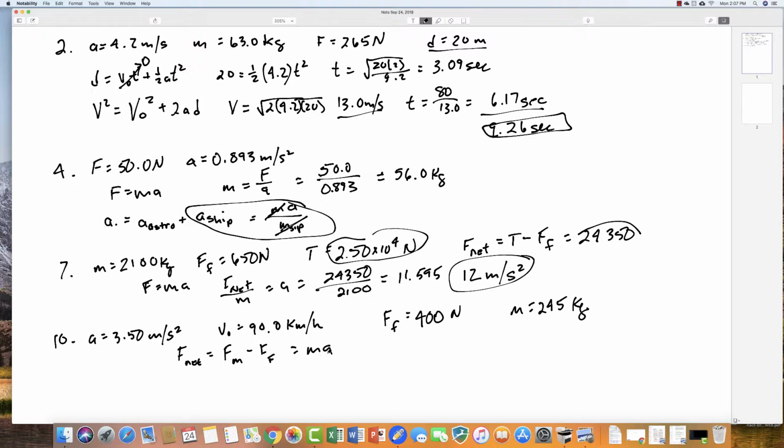So that means that ma is equal to the net force, so that the force the motorcycle gives is equal to the ma plus the friction force, which is equal to 245 times 3.50 plus 400, so that the total force is going to equal 1,260 newtons.